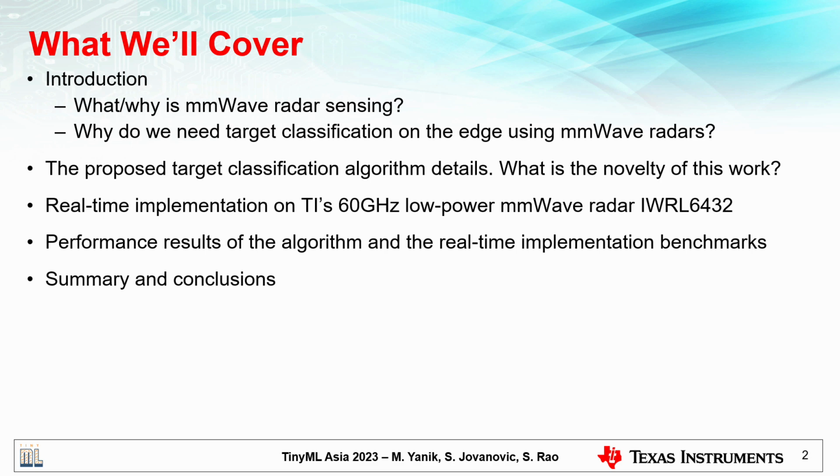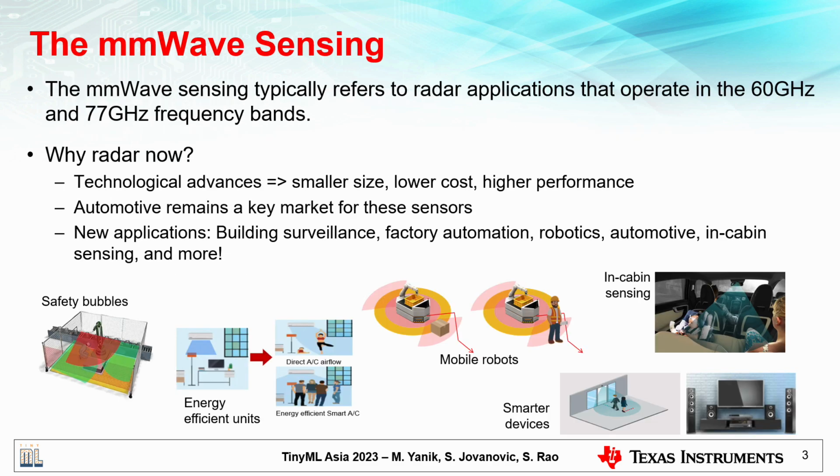When you say mmWave sensing, you typically refer to radar applications at 60 gigahertz and 77 gigahertz.